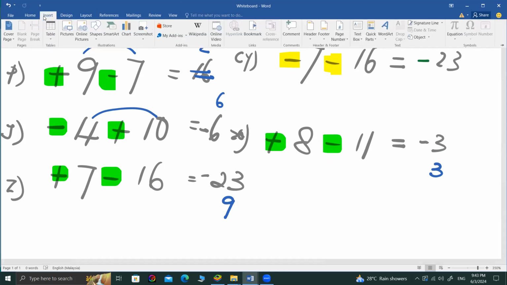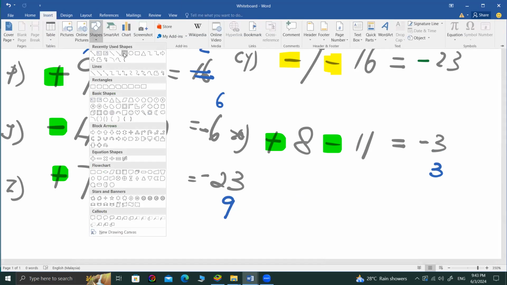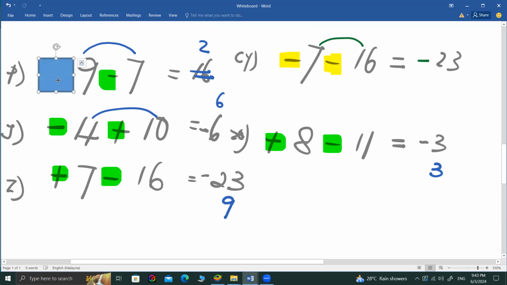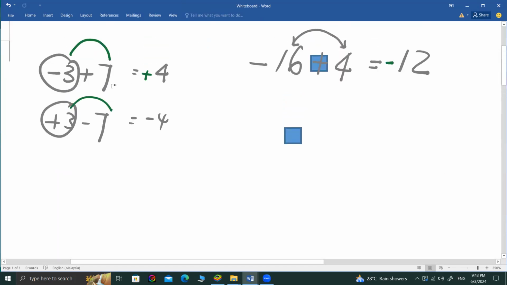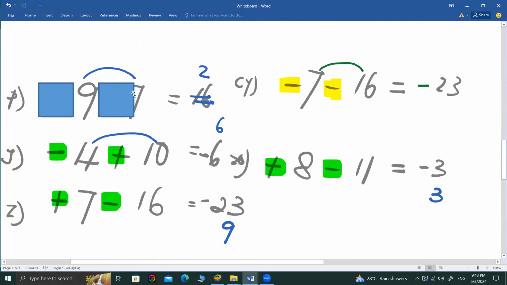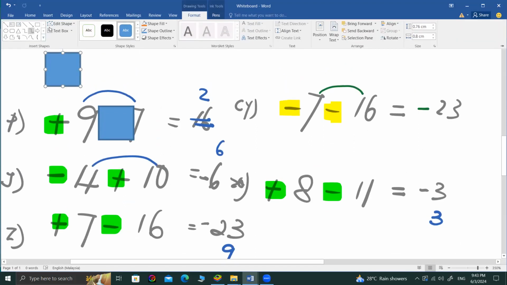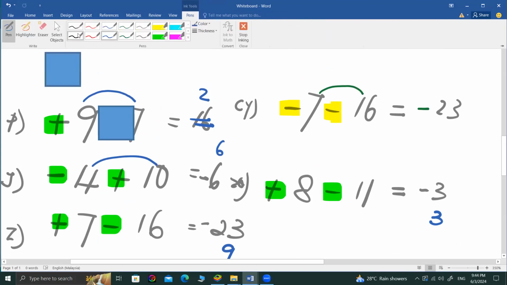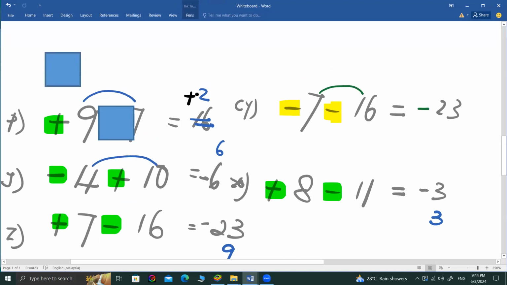When you assume that you didn't see the sign, which one is bigger? 9 bigger, right? Positive. Is that clear? So it's positive 2.